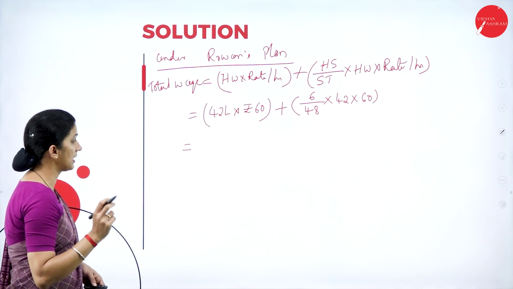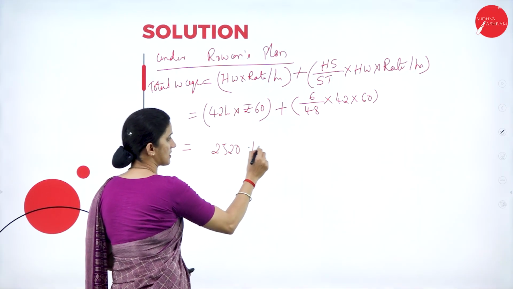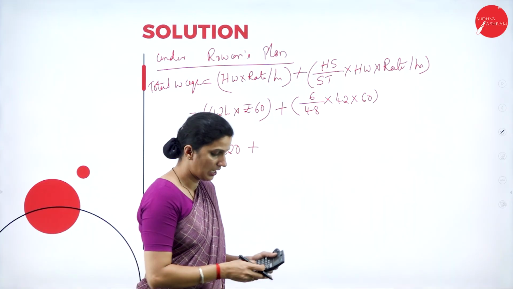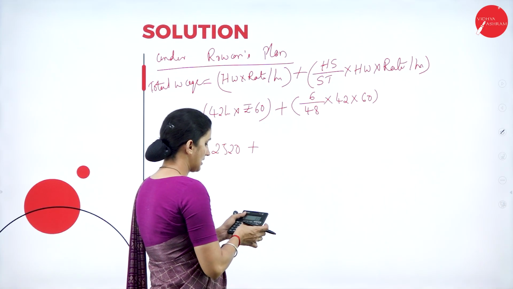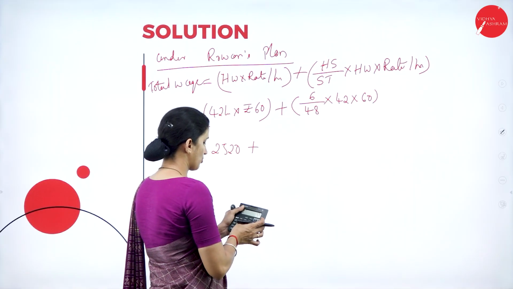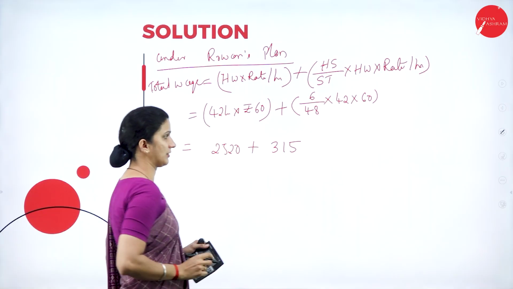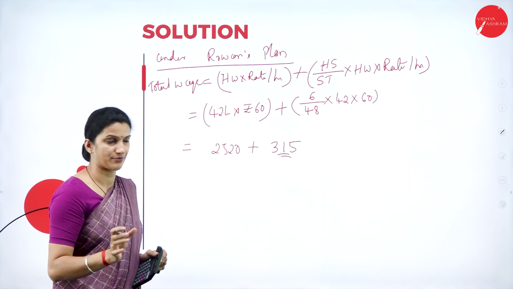42 into 60 is 2,520. So this is his basic wage, plus the bonus calculated on the hours saved, that is 6 divided by 48 into 42 into 60. His bonus is 315. So this is the bonus he is going to get because of the time saved.